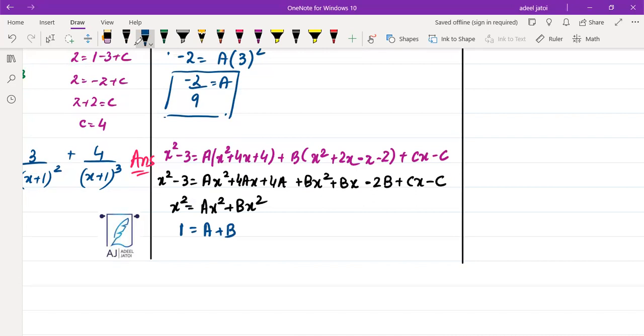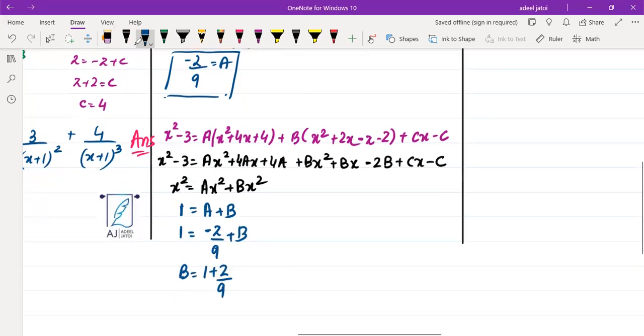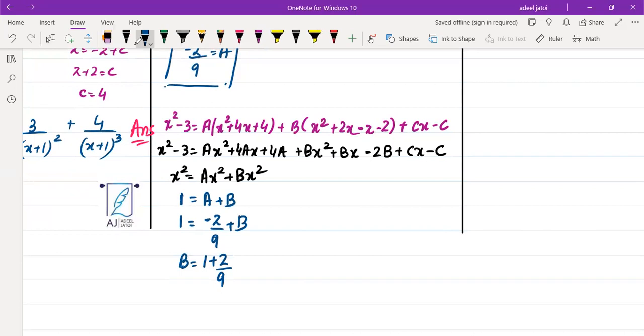Now, with the value that you already found for a through the linear root, we substitute minus 2 upon 9 plus b. So b becomes 1 plus 2 upon 9. Taking the LCM, 9 plus 2 is 11. So b becomes 11 upon 9.